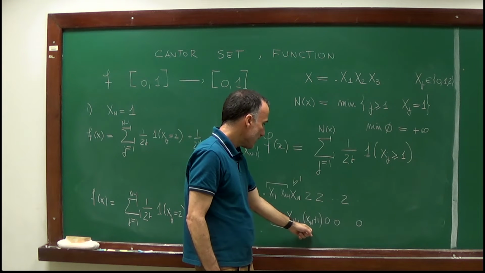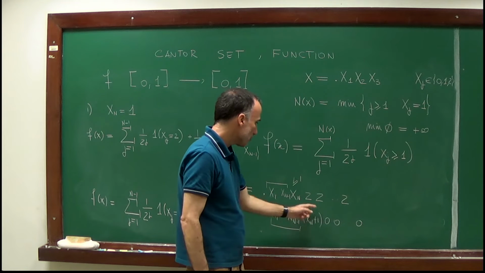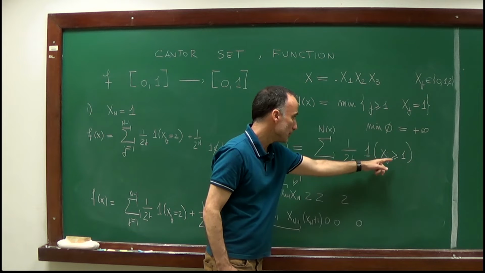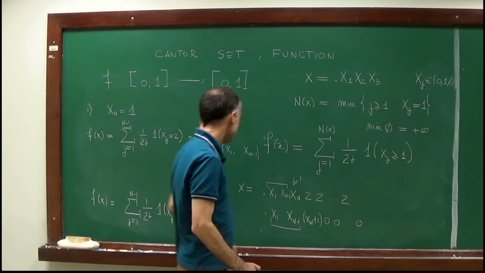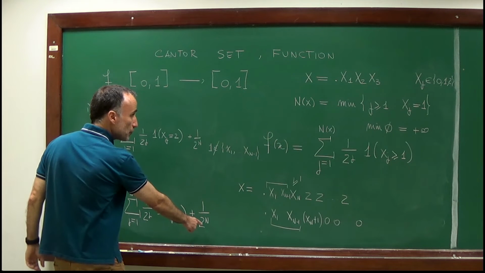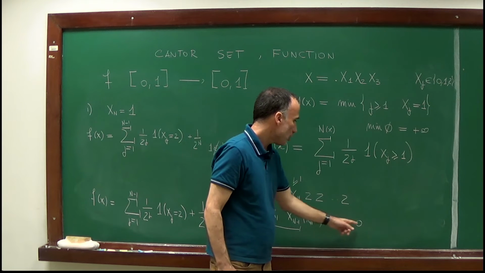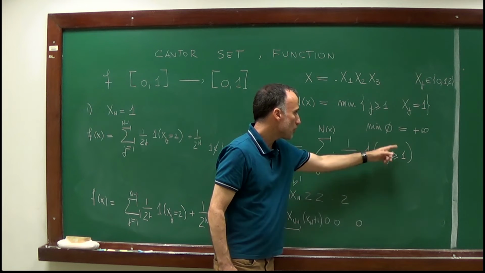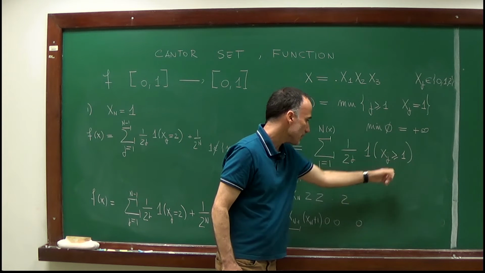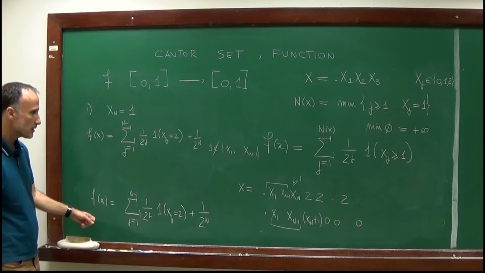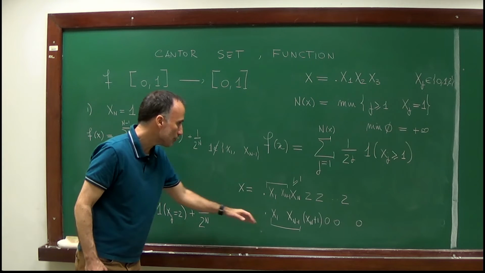For the digit n, xn is equal to 1, so xn plus 1 is equal to 2. So this is larger or equal than 1, and therefore I get a contribution 1 over 2^n, which is written here. And for all the other digits, they are all equal to 0, so I'm not counting them. So here, again, it's the value of f of x by using this second representation.